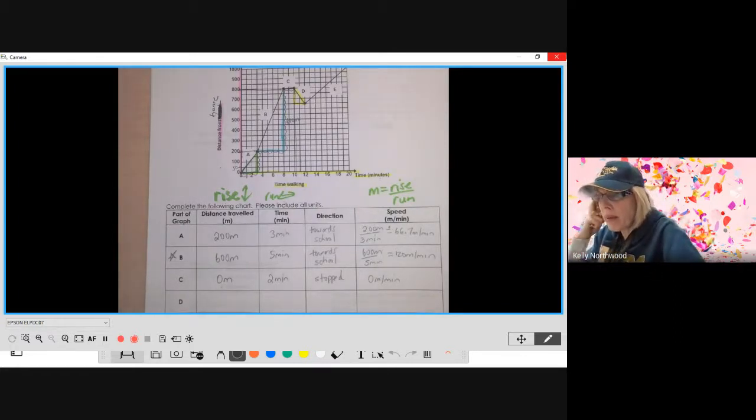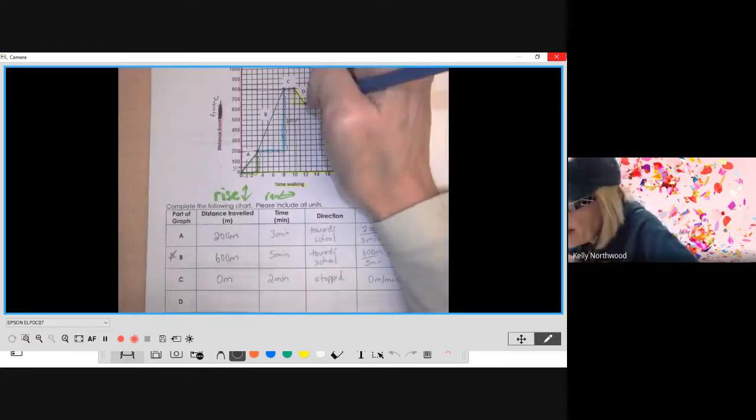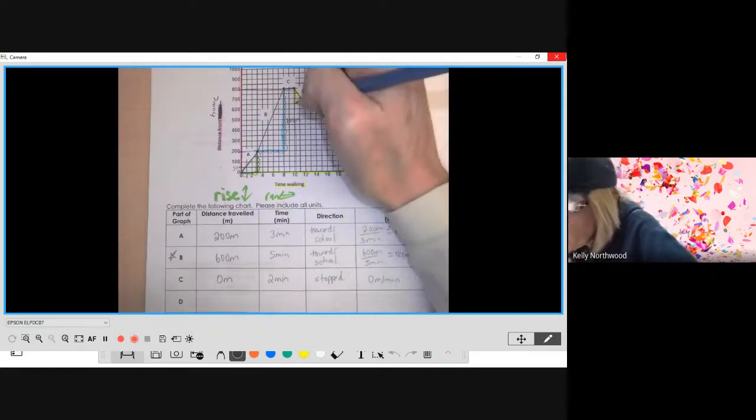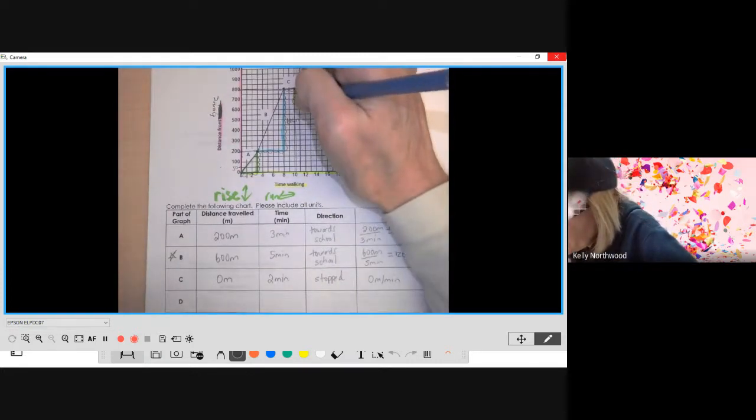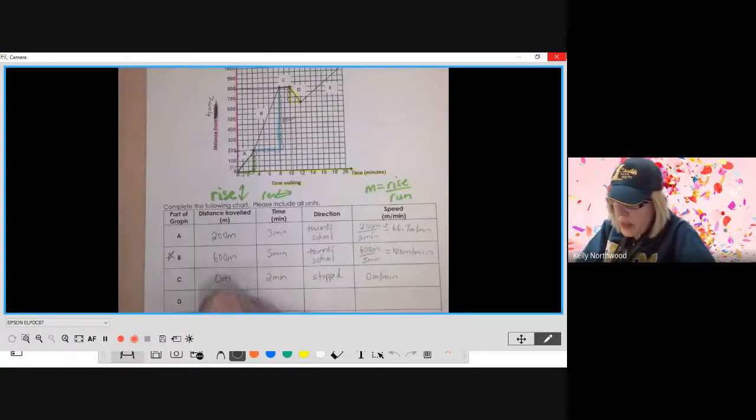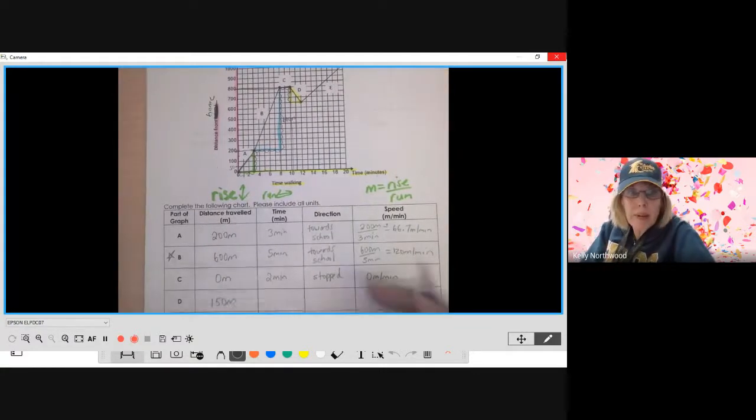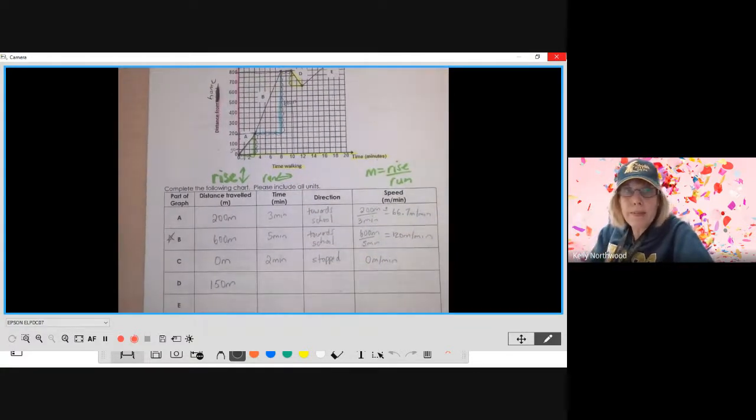Who knows what happened, but we went backwards a bit towards home. So again, this doesn't go all the way down to 0, so it rises by 50s: 50, 100, 150 meters. You can put negative if you want, but remember, when we're talking about speeds, you don't need to. The distance traveled, you wouldn't say is negative 150 meters, you'd say it's 150 meters, okay?